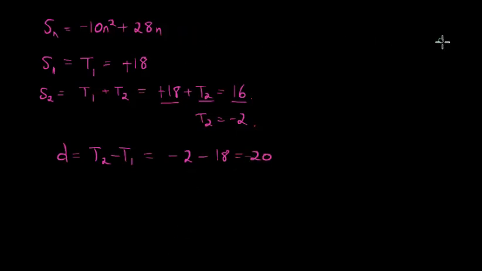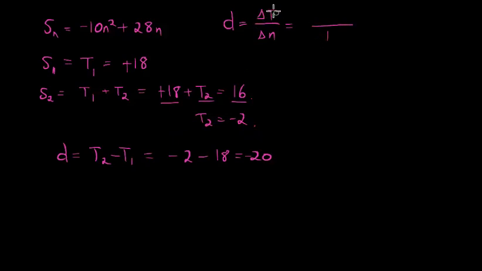So I should have actually started by looking at what they're asking for. They're asking for D. What formula do I have for D? Well, we've got that cool formula of ours. You could have used it. The difference is the change in t over the change in n. I'm using term 2 and term 1, so what's the change in n? It's just 1.